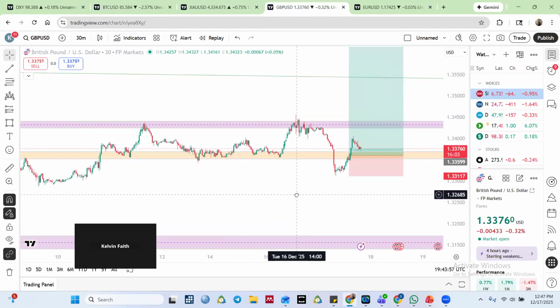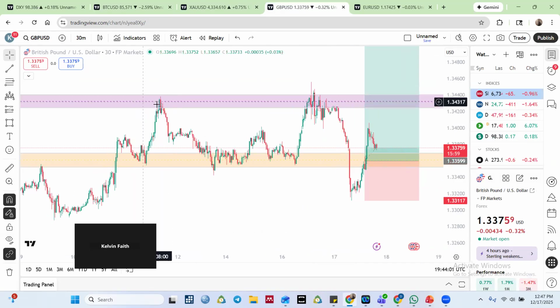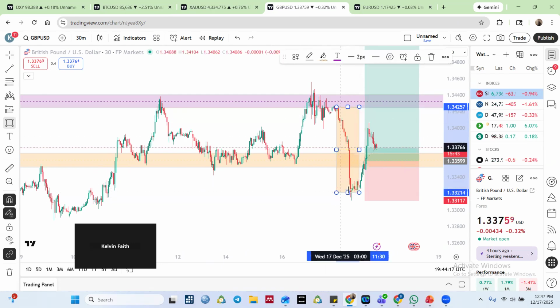By the way, the GBP USD, the area that we marked from the higher time frame, you see this area where the market couldn't break above it. And so what happened? There was GBP news yesterday, so you see this move. And why did this reaction happen?